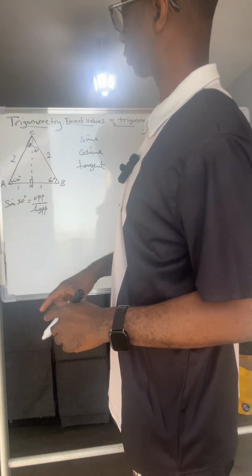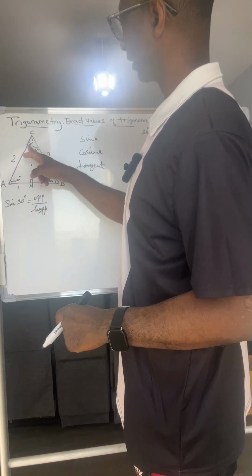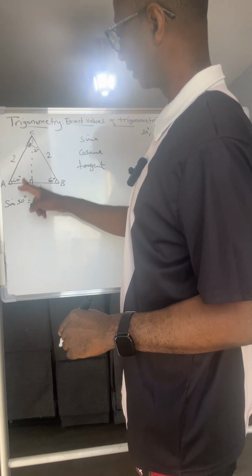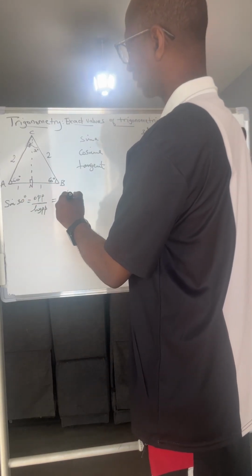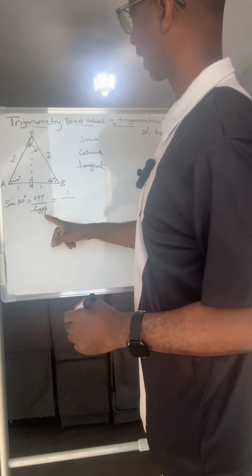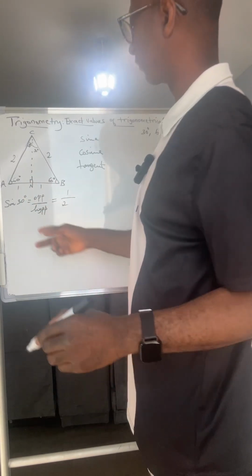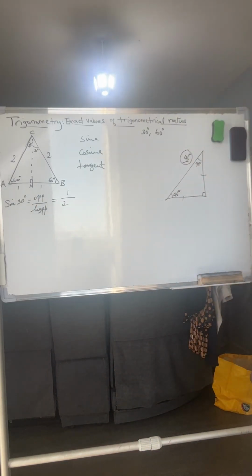So if you are looking at this angle here, this side is opposite of it. So we'll have 1 unit all over the hypotenuse. What is the hypotenuse? It's 2. So therefore, sine 30 is 1/2, 0.5.